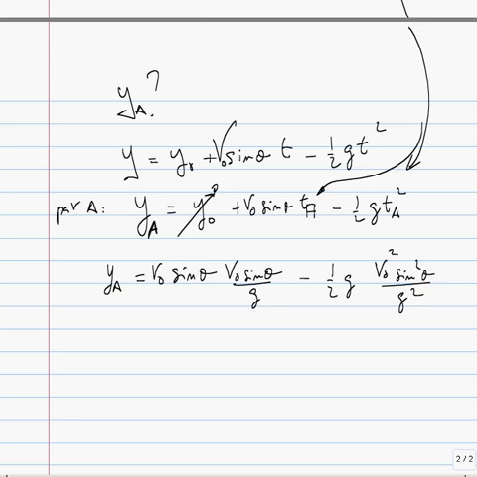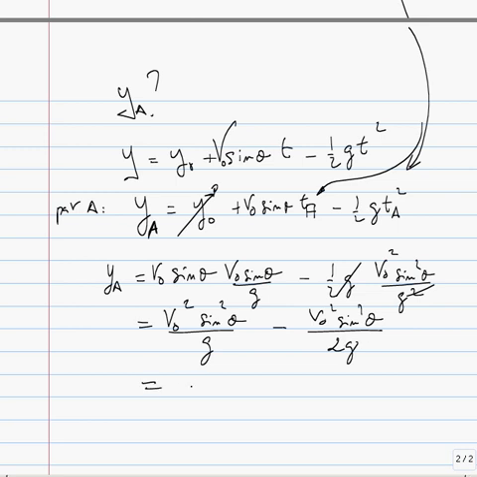Okay, let's clean up a little bit. We have v naught squared, sine squared, we still have the g. Here we can get rid of 1 v, v naught squared, sine squared theta, 2g. This is nice.